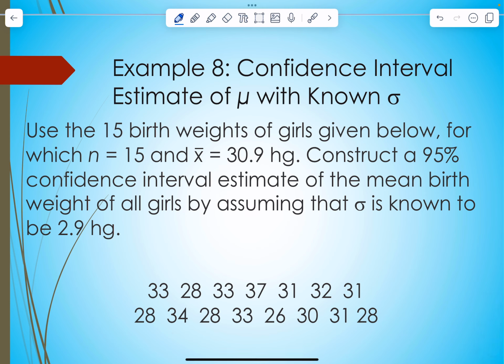Confidence interval estimate of mu with known standard deviation.